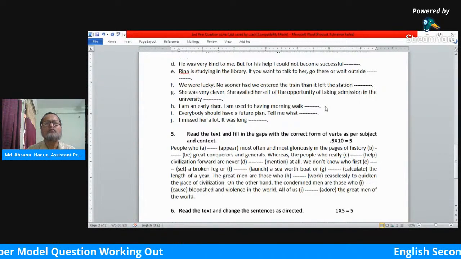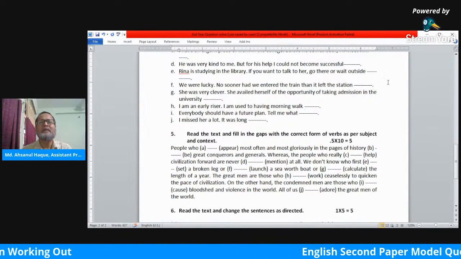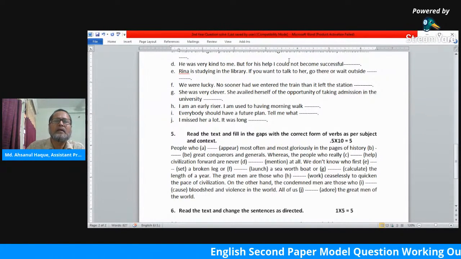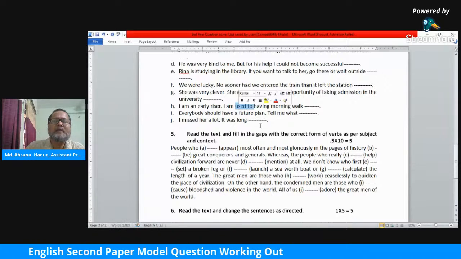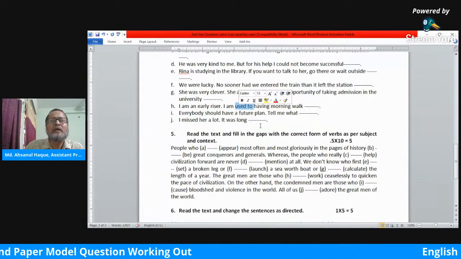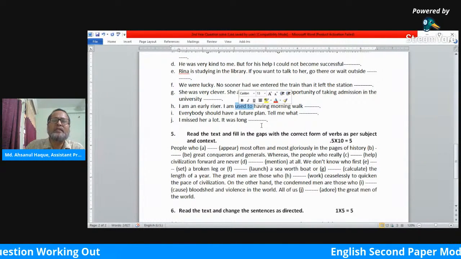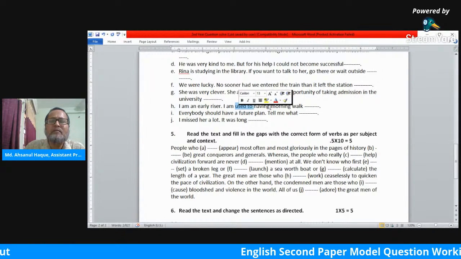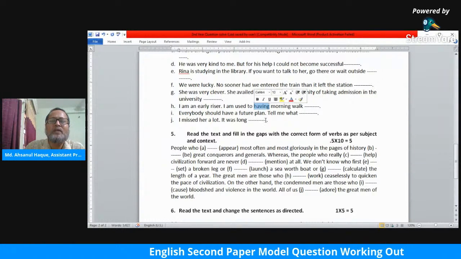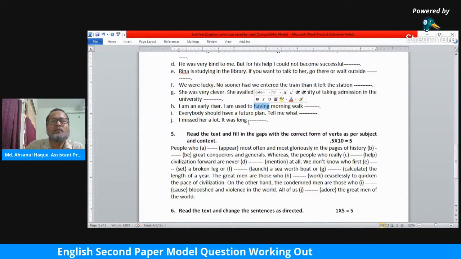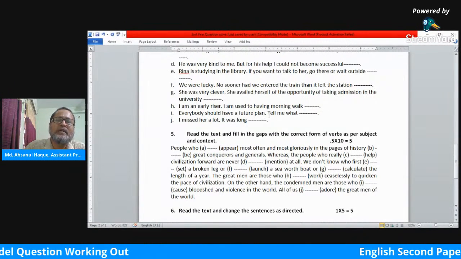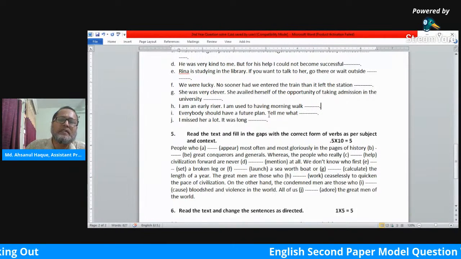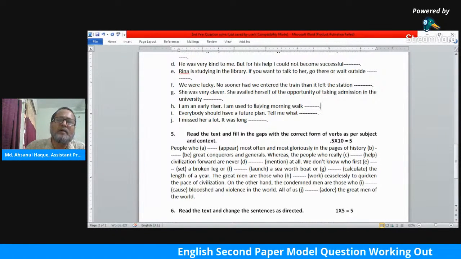I'm used to means I'm habituated to. We know it very well that am used to, are used to, is used to, am habituated to, etc. We make the verb ing form. There should be an ing verb. So, I'm used to having morning walk.